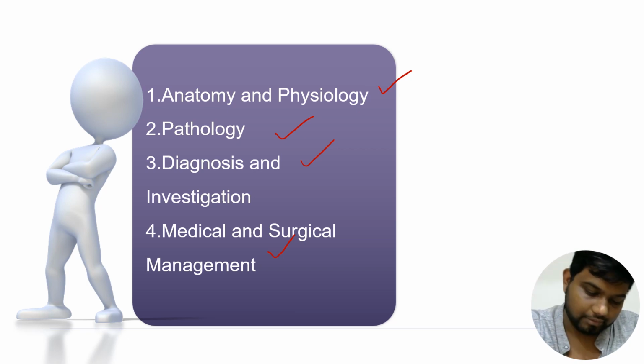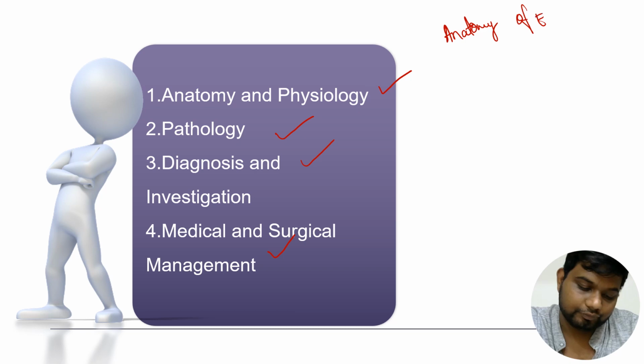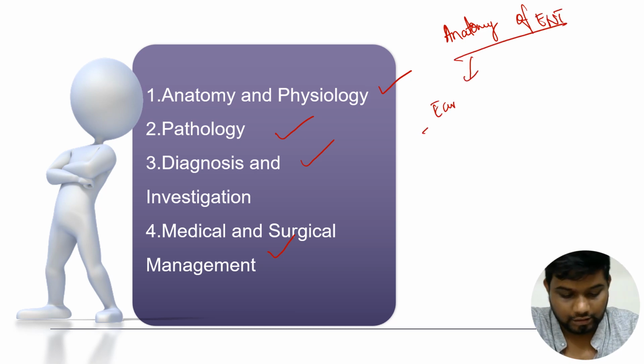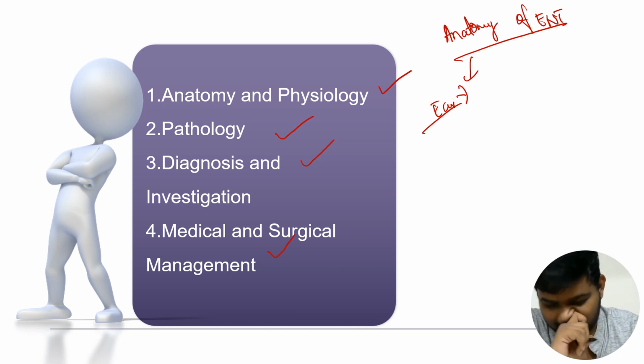From the FMGE point of view, the high yield areas that you have to remember is the anatomy of ENT, and in the ear you have to remember four important diseases.